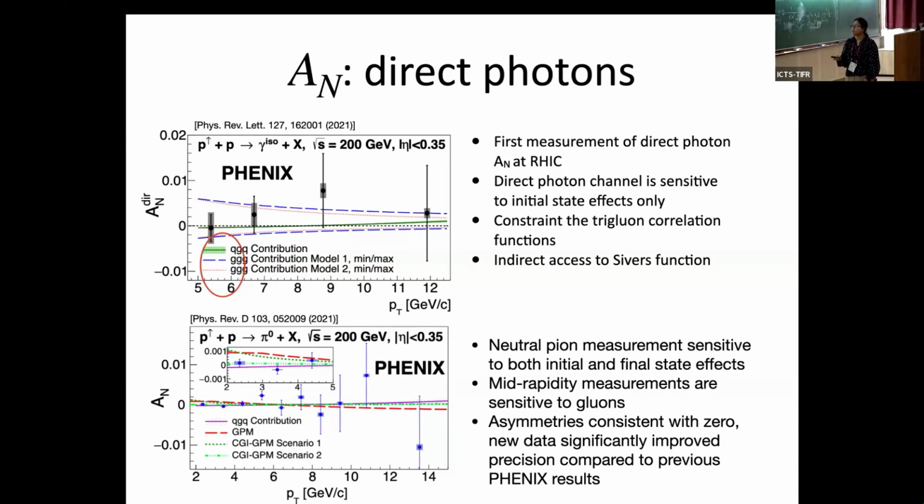These measurements are sensitive to the gluon contributions. And when you look at the pi zero measurement here, we see the asymmetry is consistent with 0, but you can see the precision of the data points in the lower PT region here is quite impressive. So this is very high precision data that can also contribute to constraining the tri-gluon correlation function.